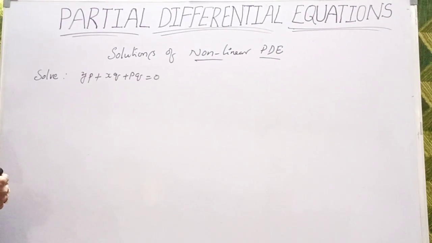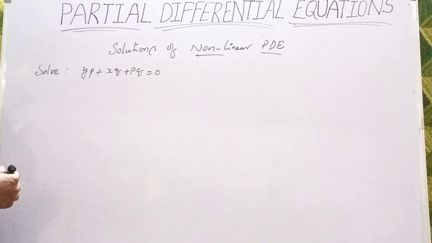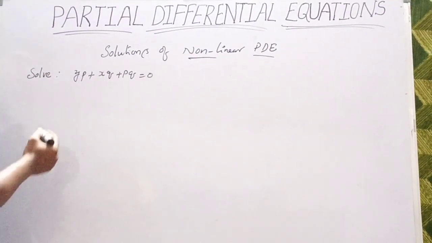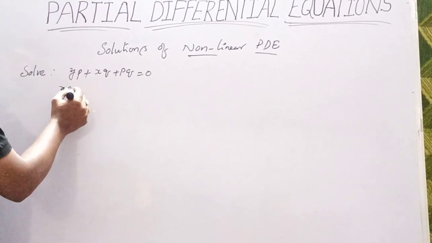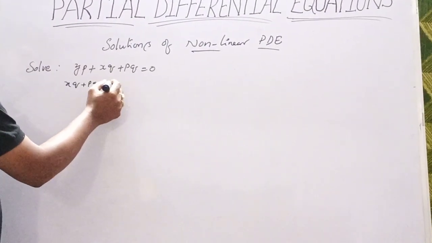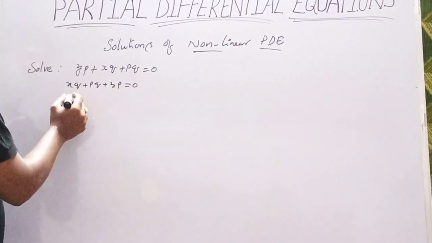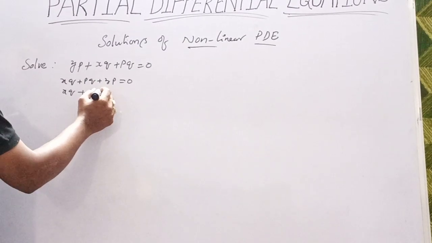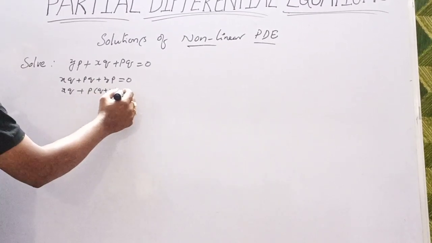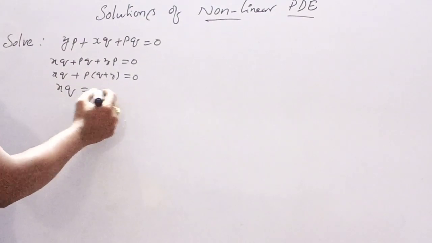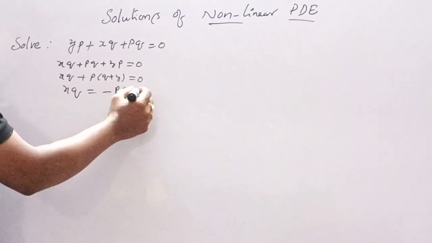Solve yp plus xq plus pq equal to 0. Rewrite the equation: xq plus pq plus yp equals 0. Taking p as common, xq equals minus p into (q plus y).